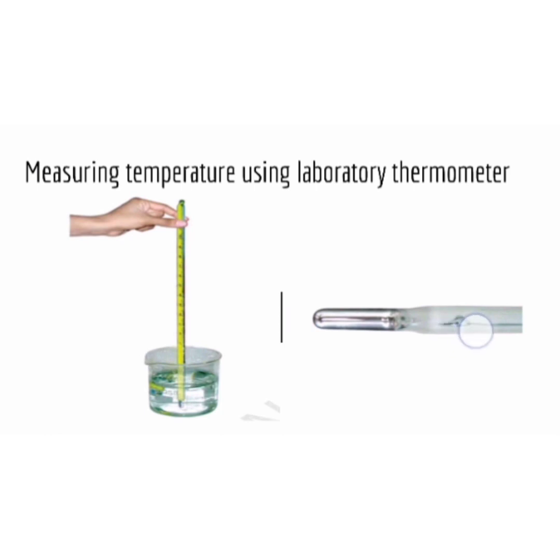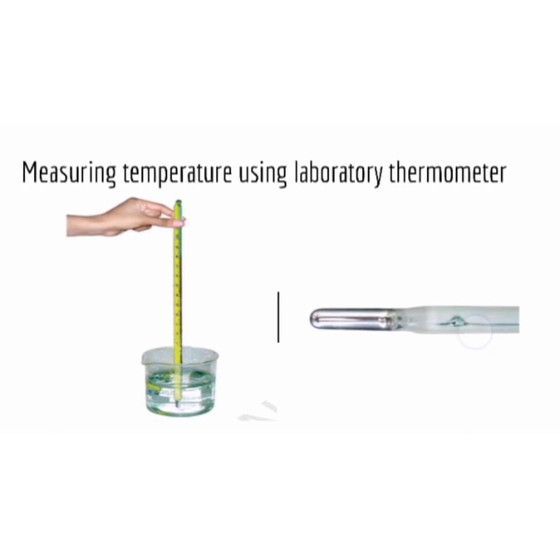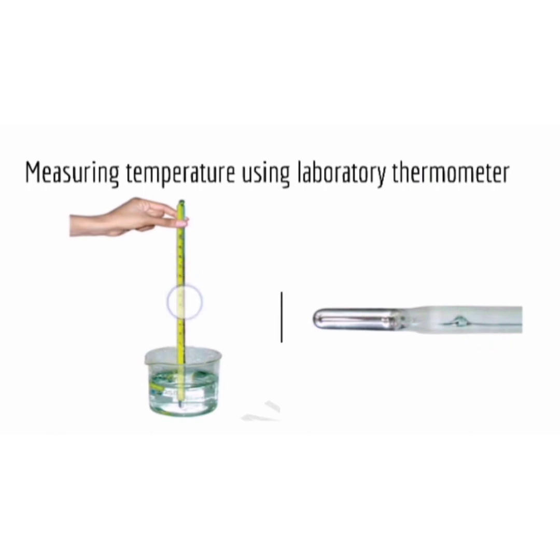So when we take the thermometer out of our mouth, the mercury does not easily fall down, so that we can read the value outside of the mouth. But in the laboratory thermometer, the kink is not present. So when we take the thermometer out of the water, the mercury will fall down.